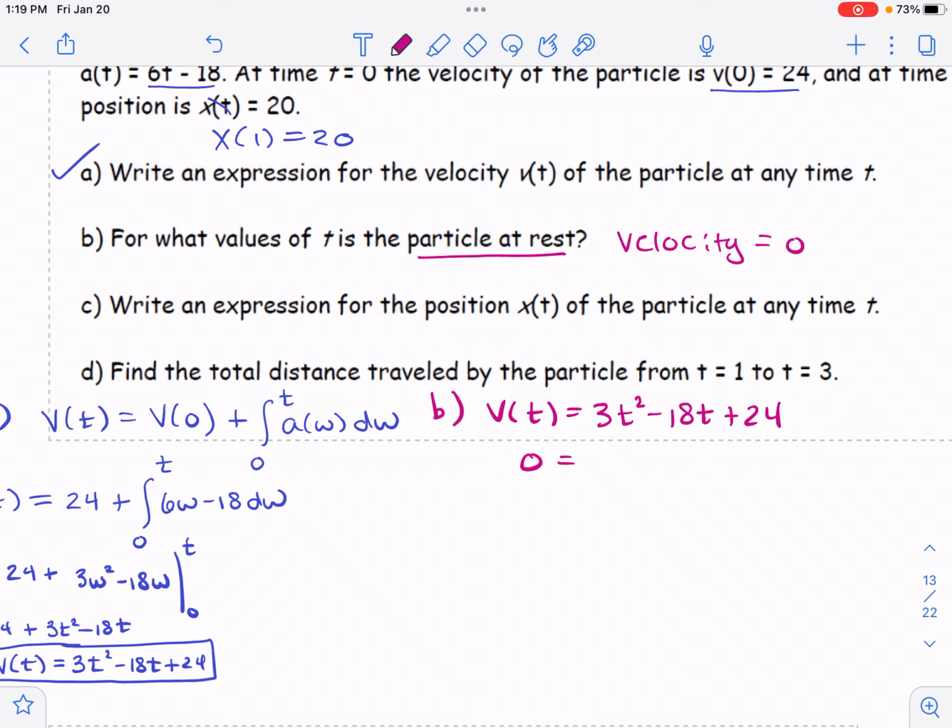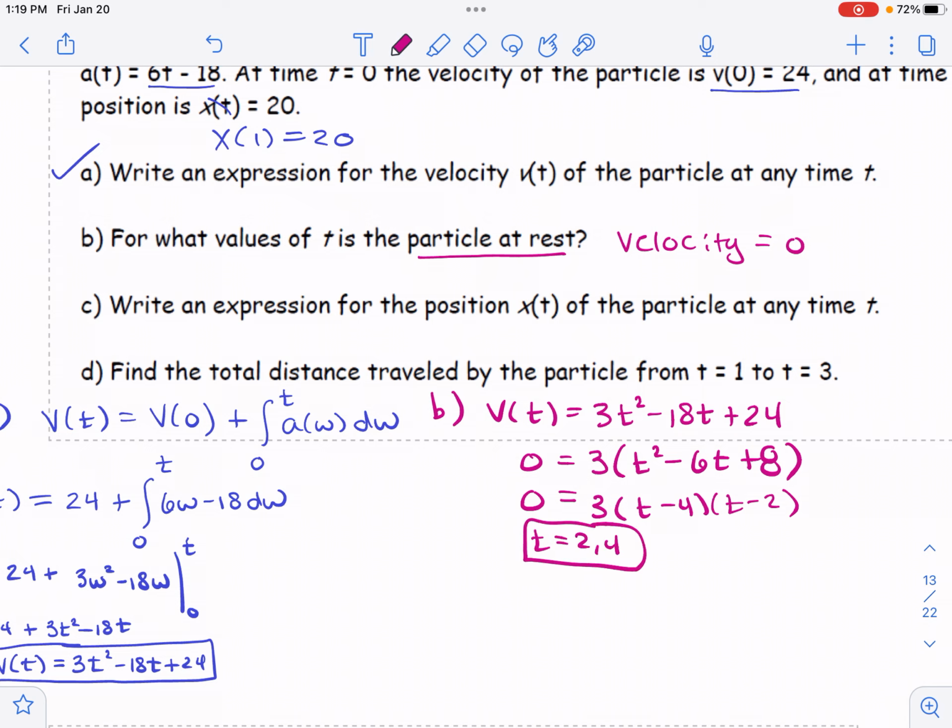And I can factor this. I'm going to factor out a 3, leaving behind t squared minus 6t plus 8. And taking a few seconds to factor, it gives me t minus 4, t minus 2. So it looks like at times 2 and 4, the particle is at rest.